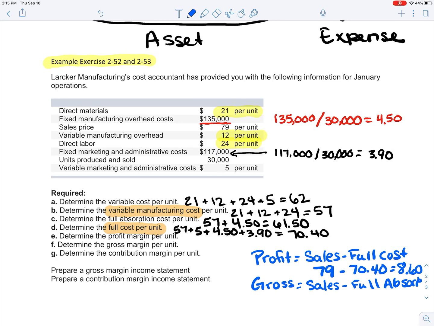So again, my sales price was $79. My full absorption costing, which I can find in C, is $61.50, leaving me a gross margin per unit of $17.50.